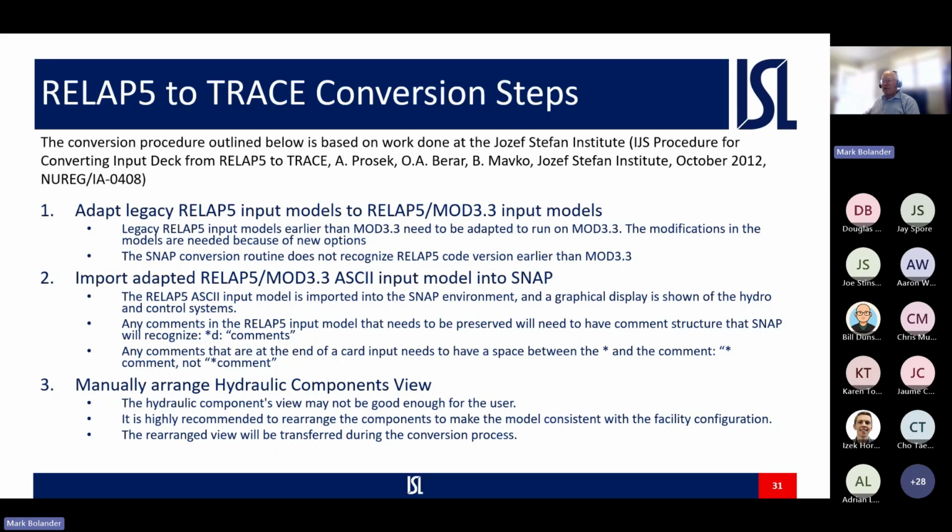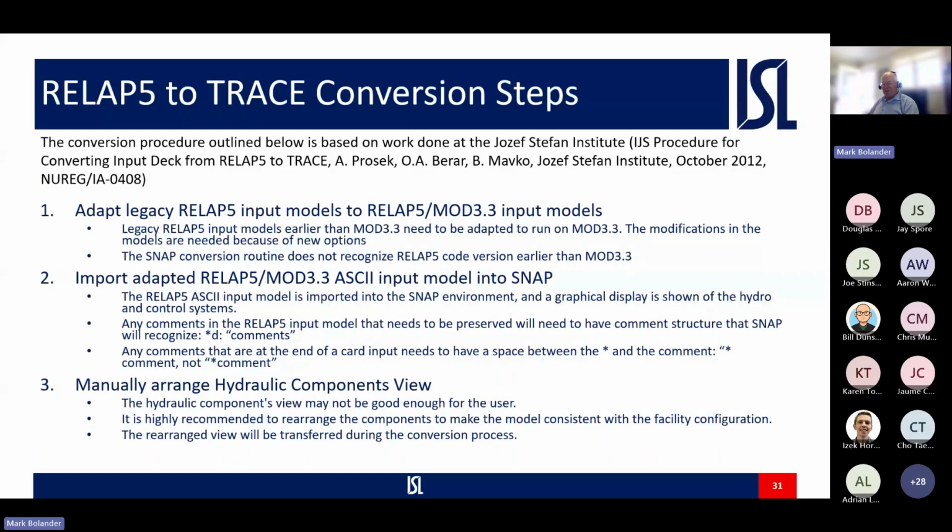Any comments in your RELAP5 input model that you'd like to preserve will need to have the comment structure that SNAP will recognize, which is a star D colon and then your comment. So you can go into your ASCII RELAP5 model and add that in front of your comments if you want to preserve those.